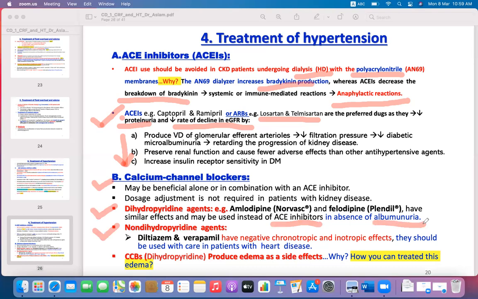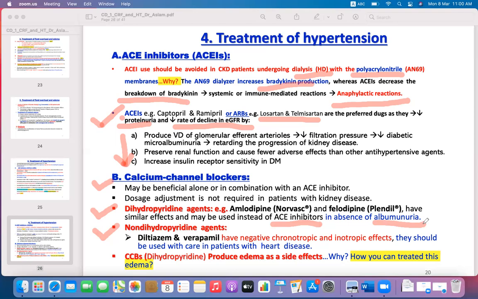If the patient has contraindications with the angiotensin converting enzyme inhibitors and does not have albuminuria, then we can recommend a calcium channel blocker, a dihydropyridine derivative, which generally acts on the blood vessels: amlodipine, felodipine.